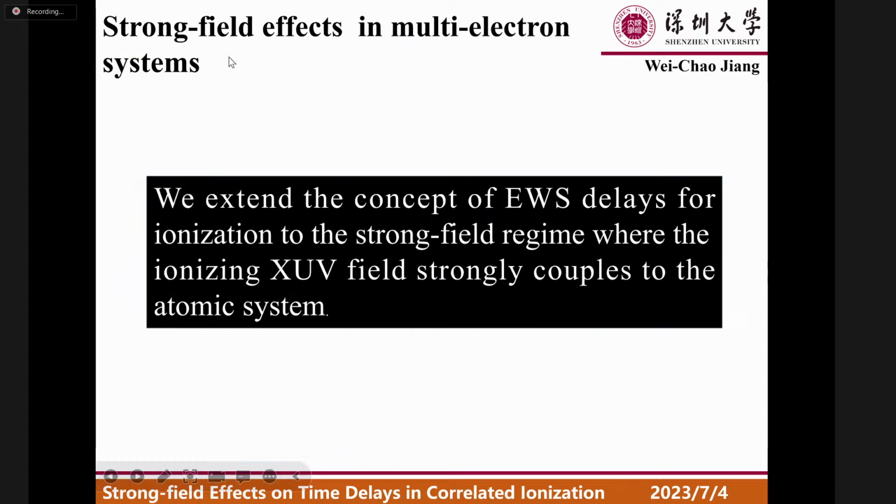Recently we have extended the concept of the time delay to the strong field regions. Most of the previous studies on the time delay focused on the weak field region.